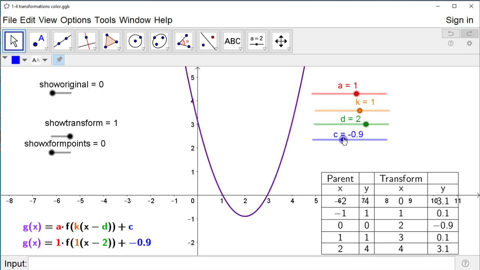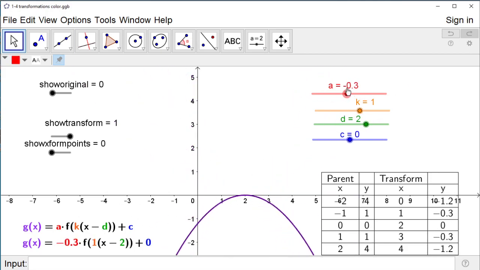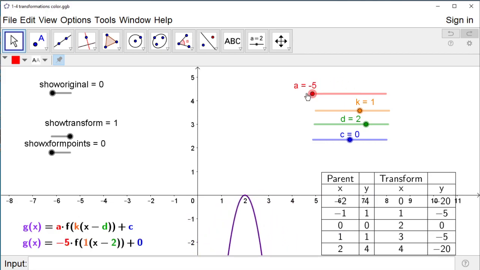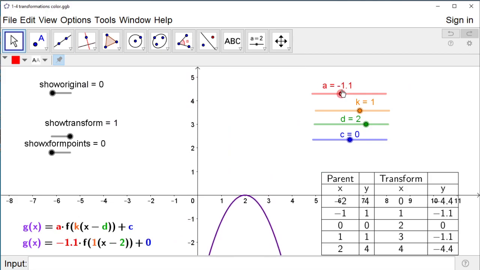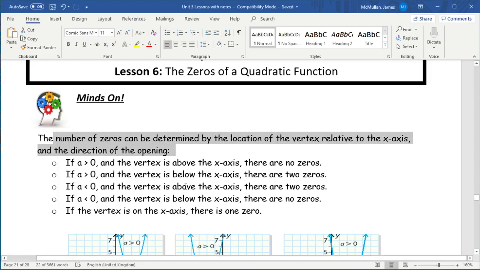The only way is if the vertex is actually on the x-axis, and then it will have exactly 1 x-intercept. Notice when a is 0, it's not a parabola, it's just a flat line, so that doesn't count. But every other one of these, you have a vertex on the x-axis, and therefore you have 1 x-intercept.